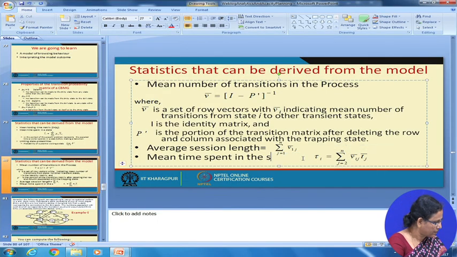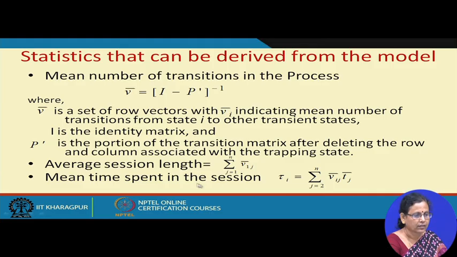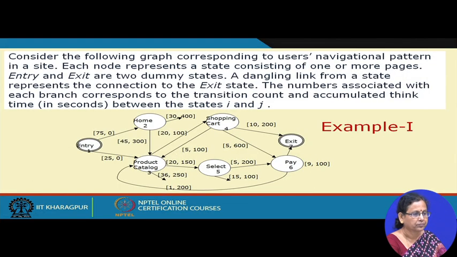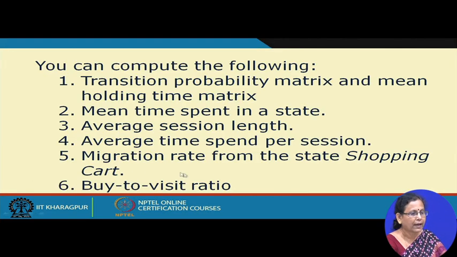For your convenience, because session is something in which the user is responsible for being within the site. So, this is the average time spent in the session. Then migration rate from state shopping cart.